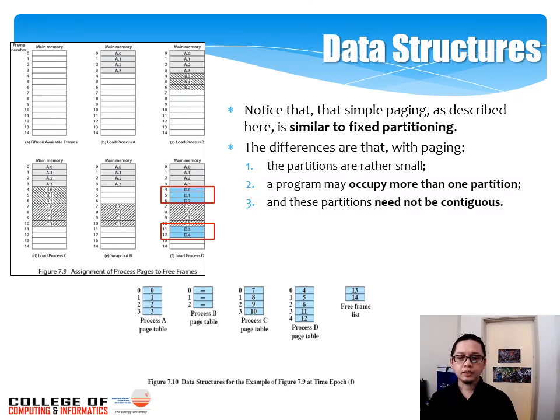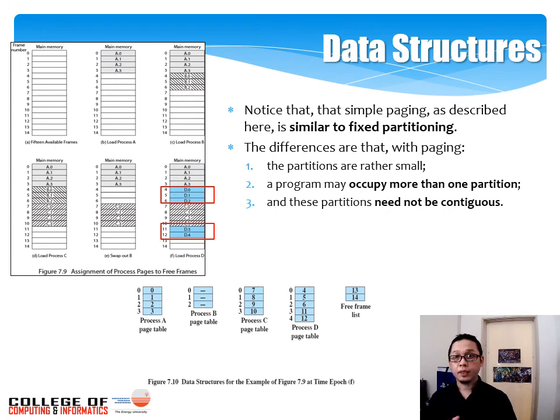Now, notice that the simple paging described here is similar to fixed partitioning. The difference is that the partitions, although rather small, can accommodate a large number of processes, because this time processes are divided into pages, and the allocation of frames does not necessarily mean the process must be accommodated continuously.